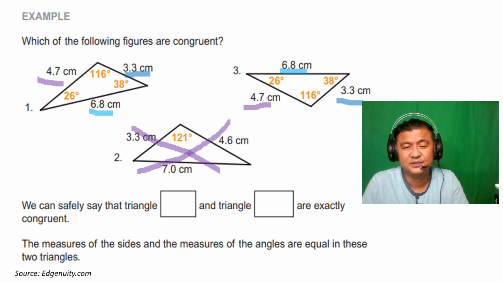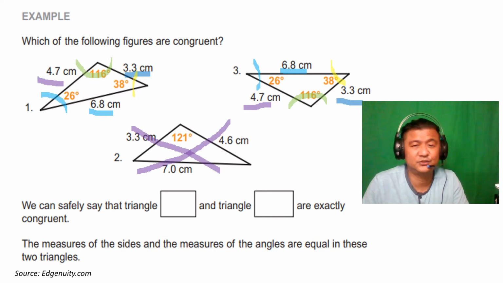What else? Look at the angles now. You have a 38 degrees. There's the 38 degrees. You have a 116 degrees. It matches the 116 degrees there. What else? This one has a 26 degrees. It matches the other 26 degrees there. So what can we say?